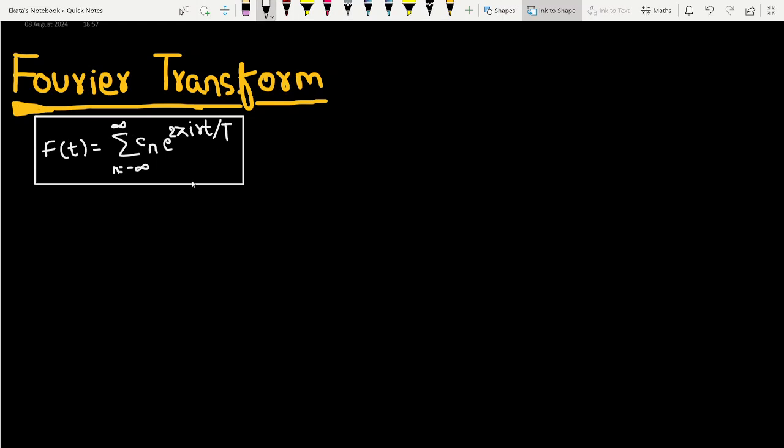I have written here a particular expression for the Fourier series of a function which is dependent upon time. It means we write the series of a function which is dependent upon time. So what does the Fourier transform do? It transforms this function into another function which is dependent upon the frequency. What do we mean by Fourier transform? It converts f of t from time dependent to frequency dependent.